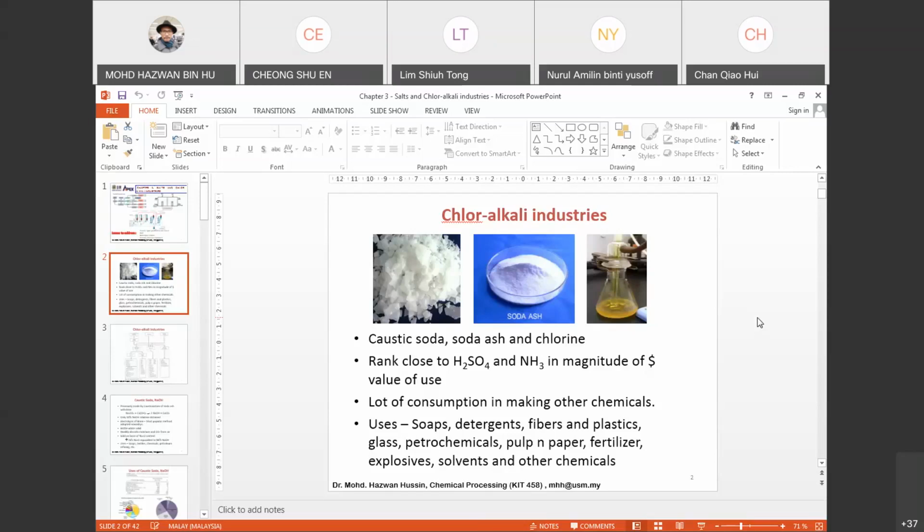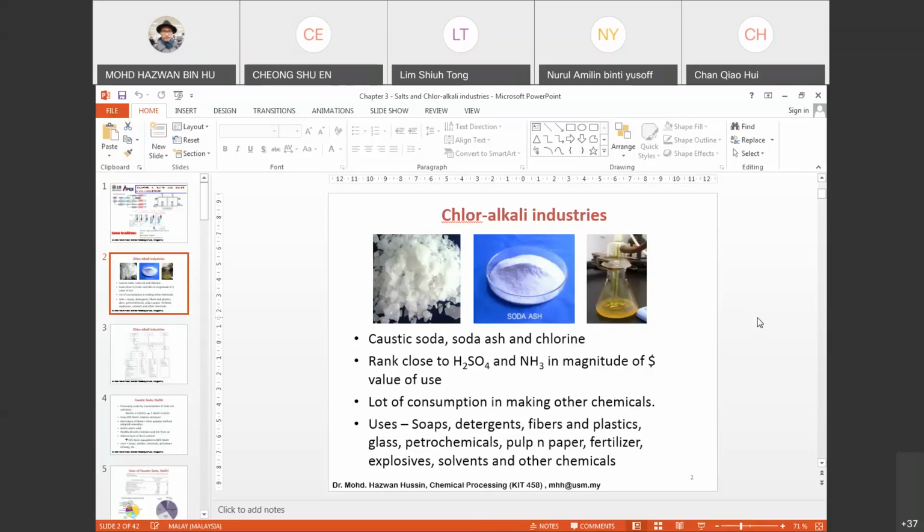Soda ash is basically sodium carbonate. Okay, you will see it a lot in the production of glass and whatsoever. And chlorine gas is normally used for bleaching. Okay, the appearance will be yellow in color.